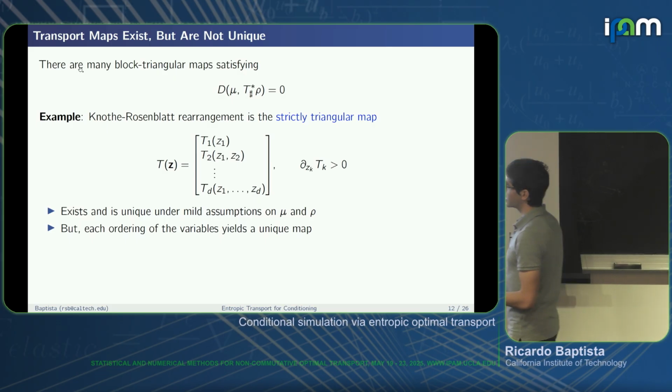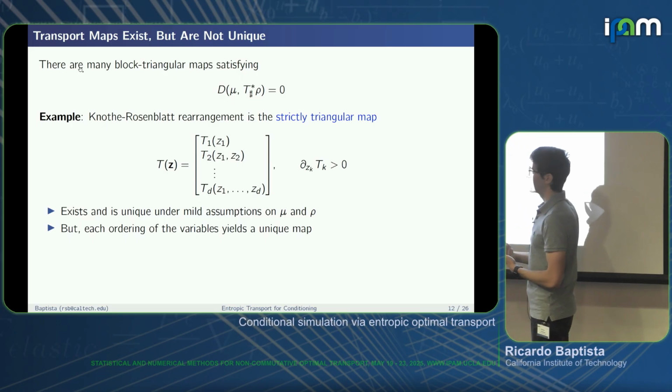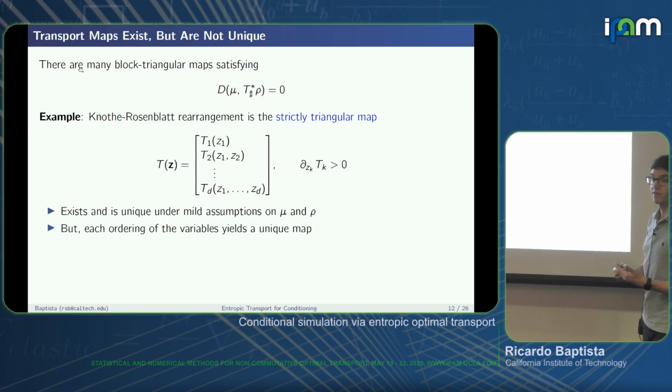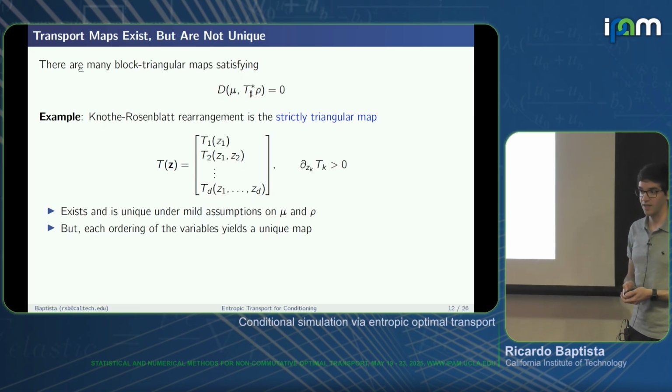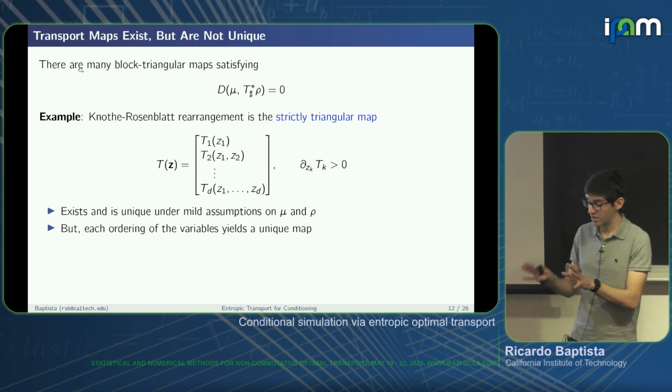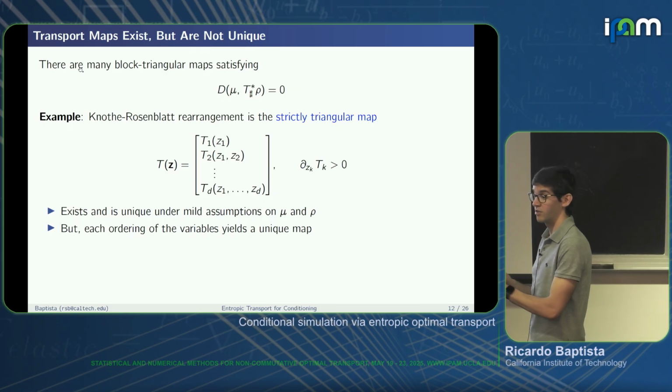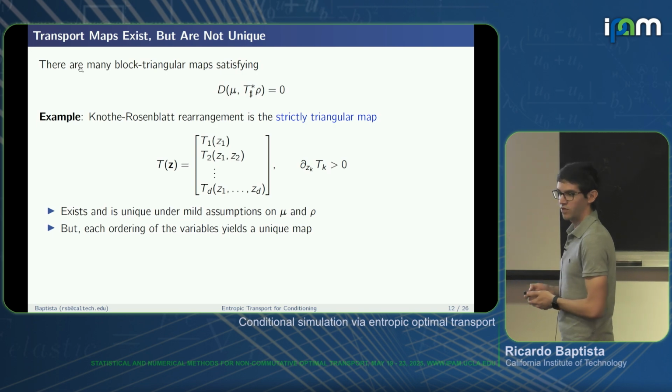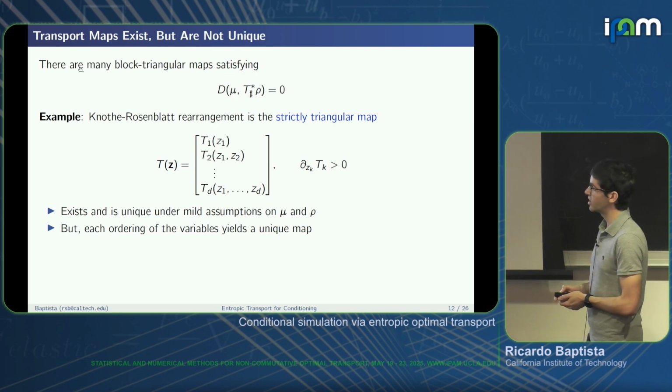But in fact, even if we permute the ordering of the variables of this map, for every ordering we get a different map. We can construct many versions of these block triangular maps under different orderings using these KR rearrangements.